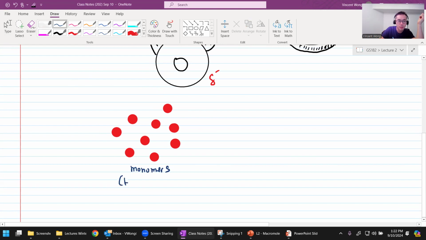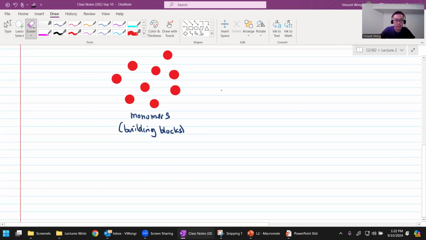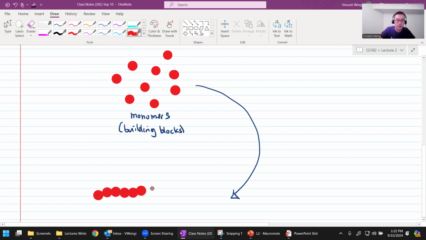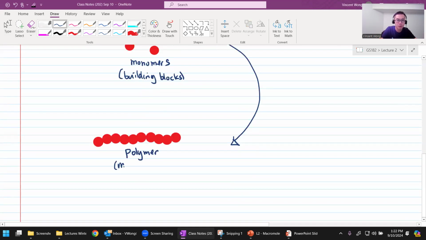You can think of the monomers as building blocks, kind of like beads that you can connect to make a necklace, or individual cars in a train. And then you can connect them together, and I'll tell you how in a bit. And you would get a long chain. And this would be a polymer. That's the macromolecule.